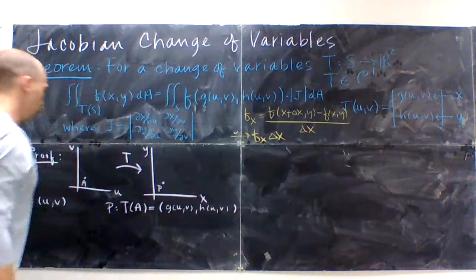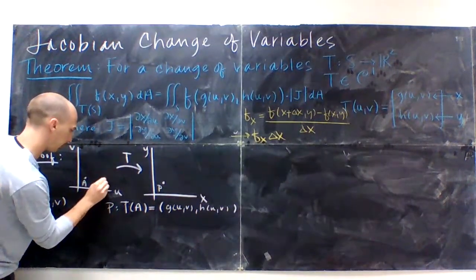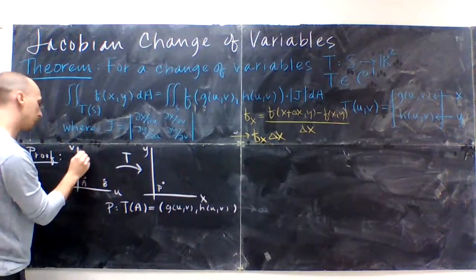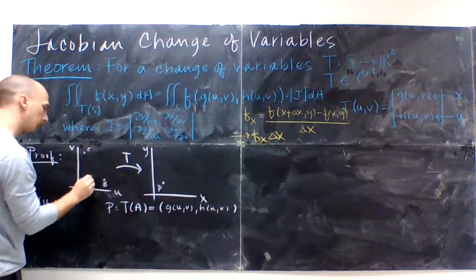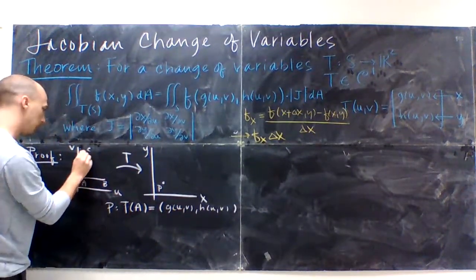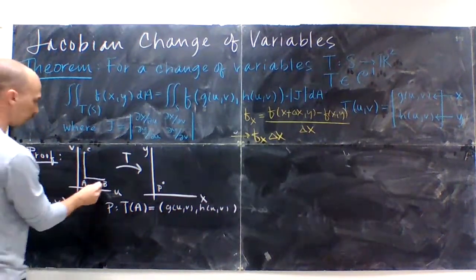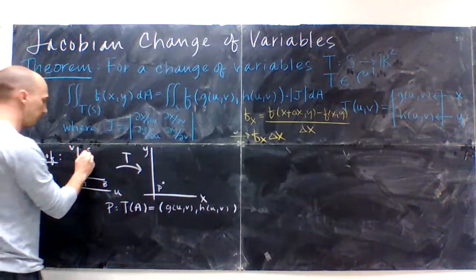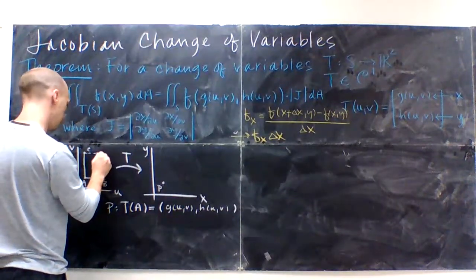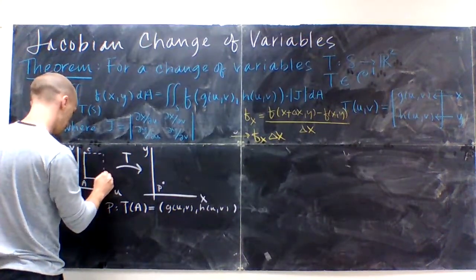Then I'm going to add in points B and C to fill out my little differential piece of area, right? Because this is going to be delta U, that's going to be delta V, and this is going to be delta area.